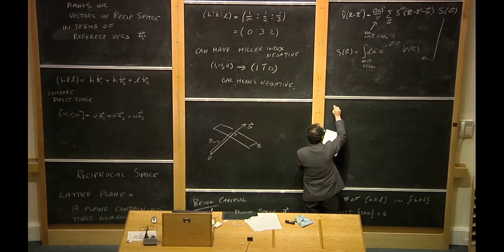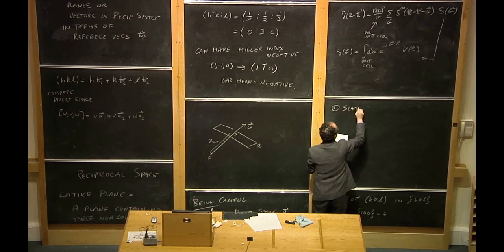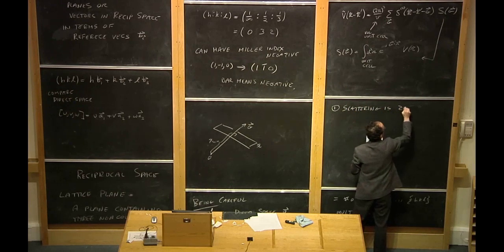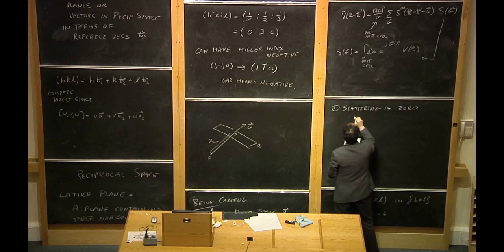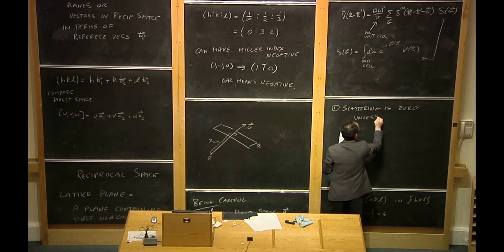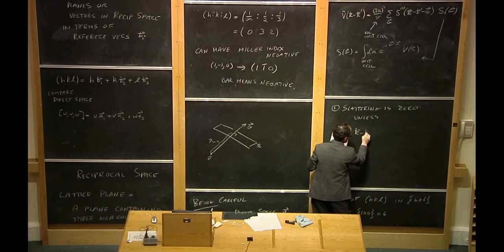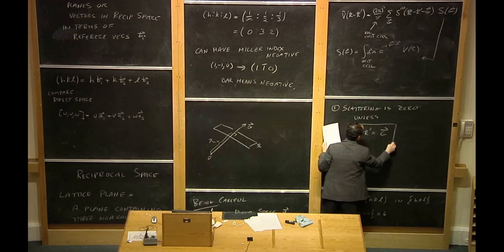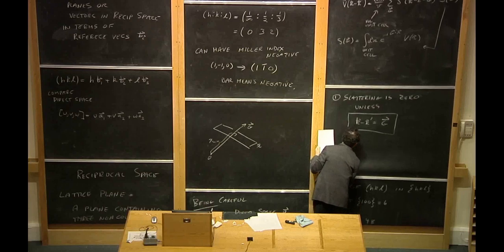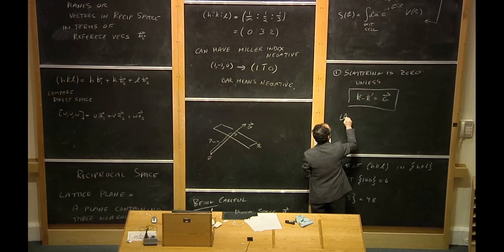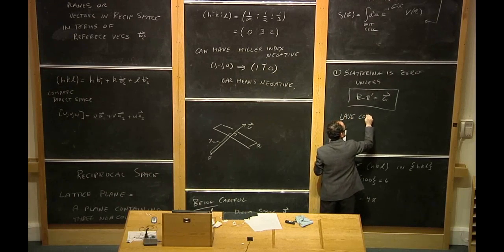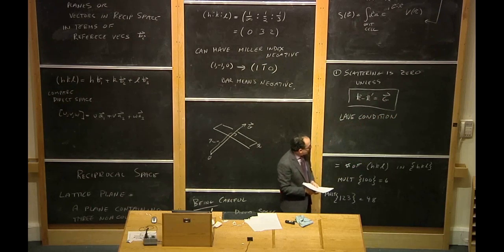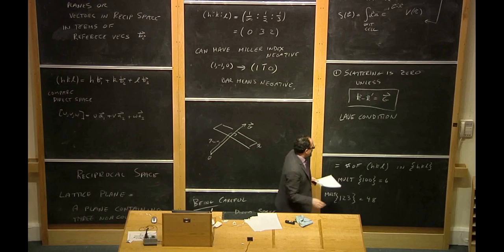So, point 1: scattering is 0 unless k minus k prime is a reciprocal lattice vector G. This is important, put a box around it. This is known as the Laue condition, after Max von Laue, who won a Nobel Prize for discovering this in X-ray scattering.